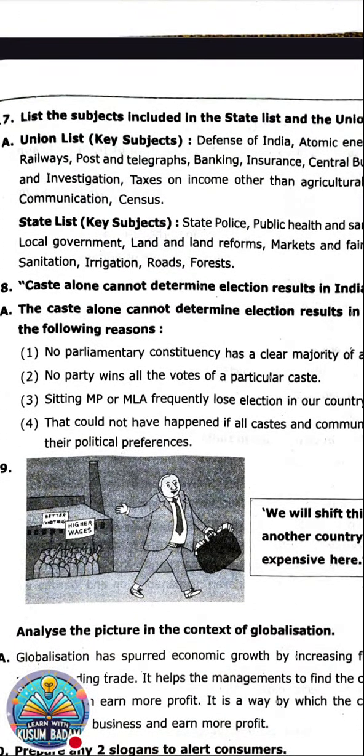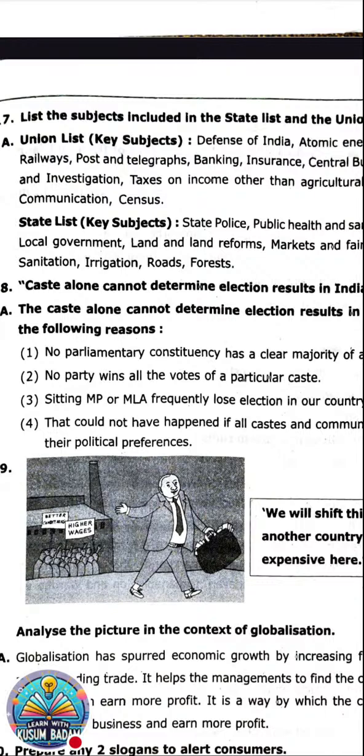The first one, union list, key subjects: defense of India, atomic energy. Even last year, this question was there in the main question paper. They gave it in bits and parts. So they can ask anything, and they can ask in which list a particular thing comes.